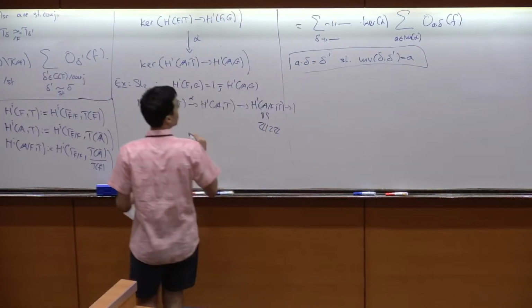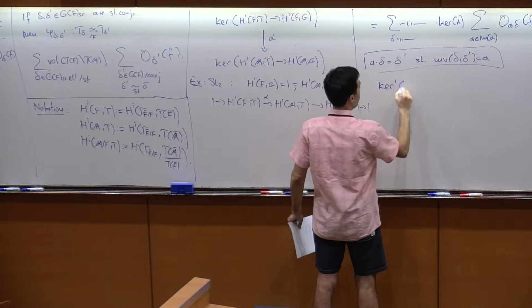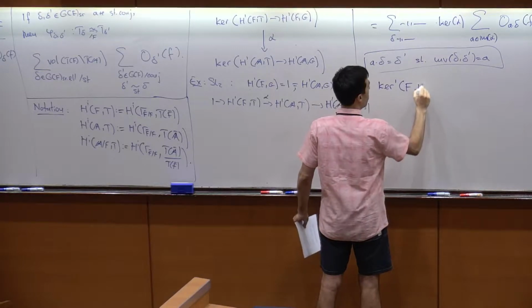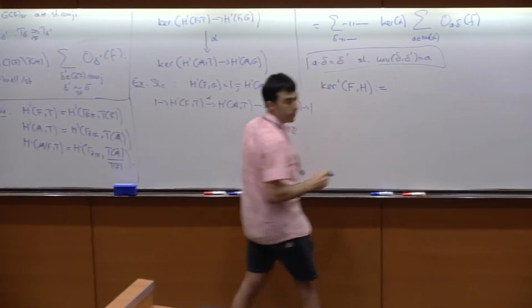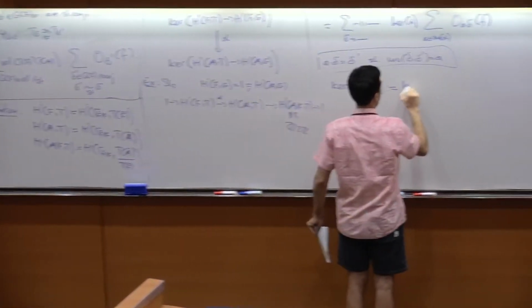Let me introduce a little bit more notation in order to make my life a little easier. I'm going to say Ker1 FH, for any connected reductive group H, will be the kernel of this map here.